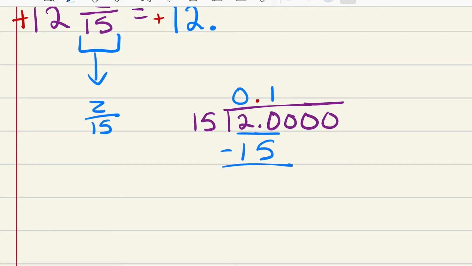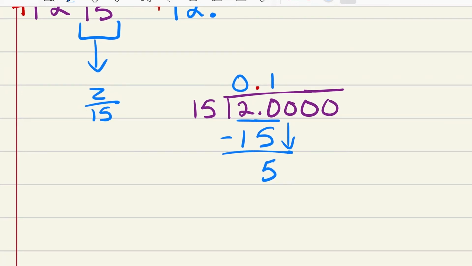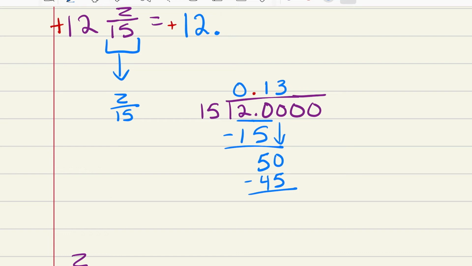We'll do some subtraction. 5 is left over, so I bring my next 0 down. 15 can go into 50 3 times, which will give us 45. Do some more subtraction. And it looks like we have another 50. And this is going to keep going.